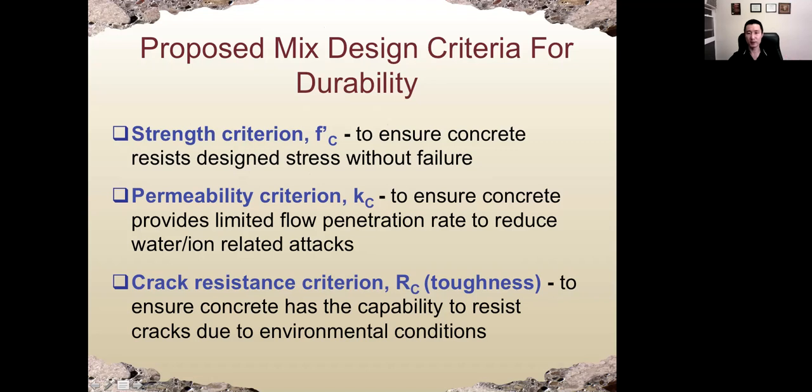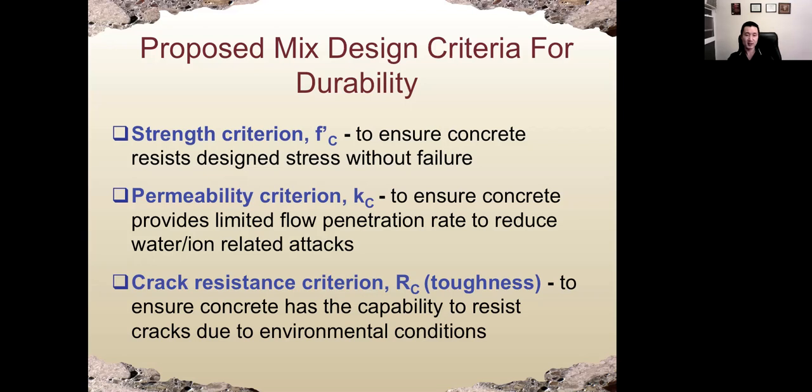Strength is important because a stronger concrete will resist stress better, so it can resist higher tensile stress. But permeability is more important compared to strength because reduced permeability will basically reduce the potential for all types of physical and chemical attacks.